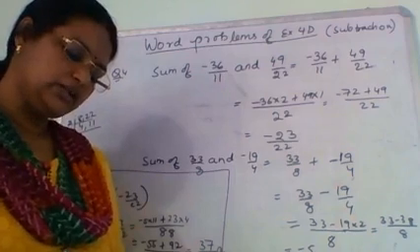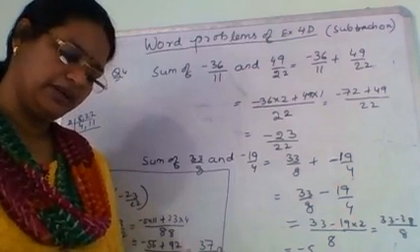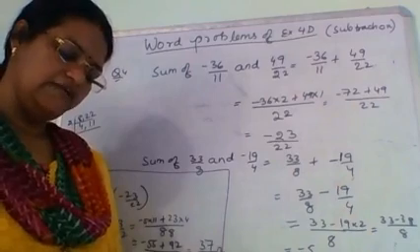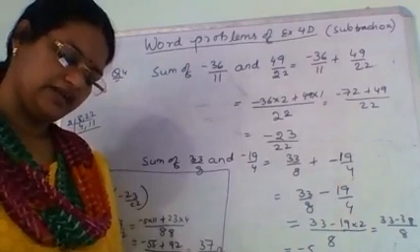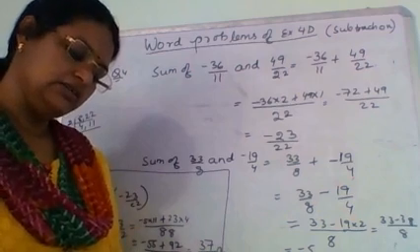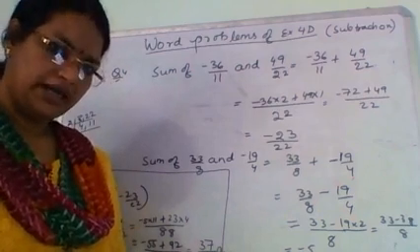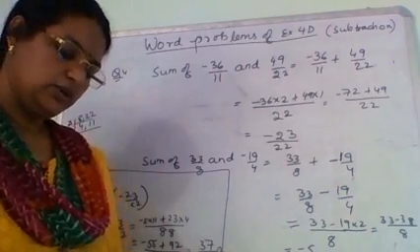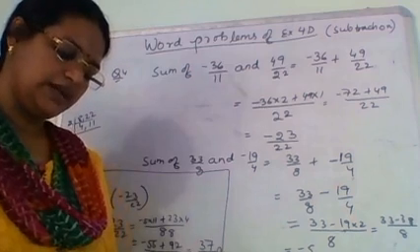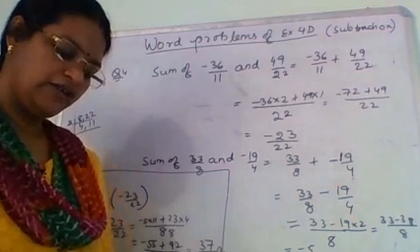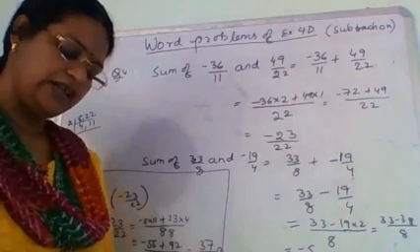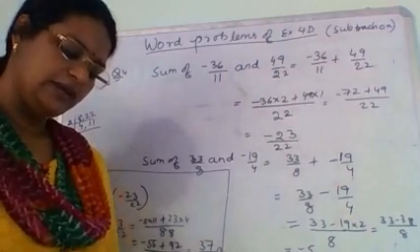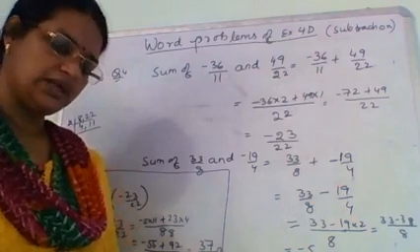Similarly, the next one, the sum of two rational numbers is minus 3. If one of them is minus 15 by 7, find the other. So minus 3 minus of minus 15 by 7. Next one, the sum of two rational numbers is minus 4 by 3. If one of them is minus 5, find the other. So minus 4 by 3 minus of minus 5.